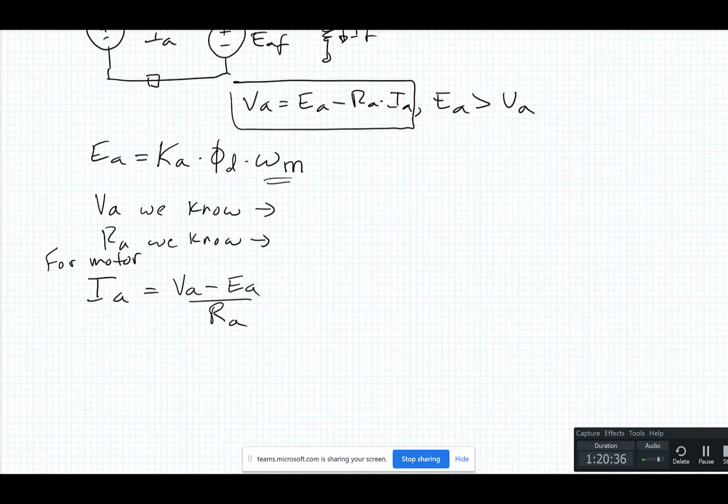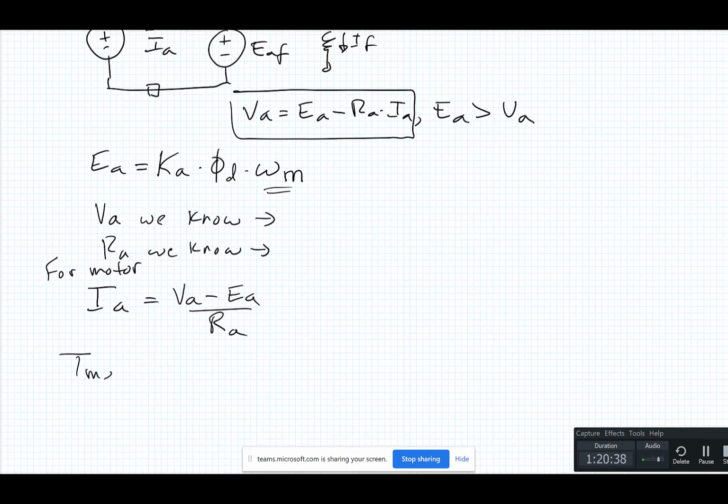And we can find the torque. The mechanical torque is equal to Ka times the flux phi d, because we know this, and we know this also. And then we've got Ka phi d times Va minus Ea over Ra.